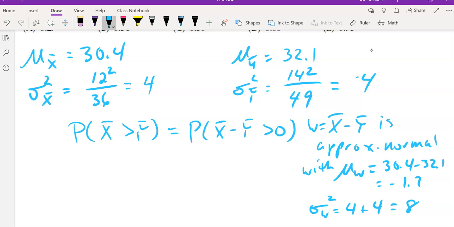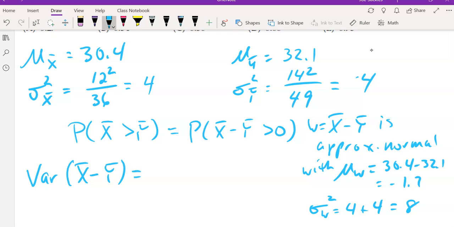So, since we found that the variance of x is 4, and since I don't understand why it's 4 plus 4. I don't know what you mean by inside, sorry. Because you're saying, because we need the variance of x bar minus y bar, right?